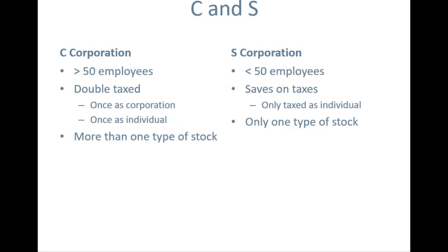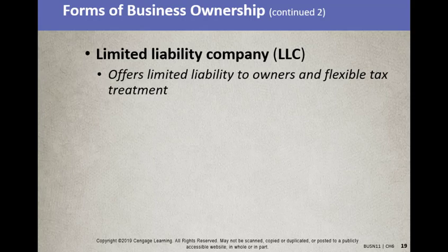It's not taxed on dividends and corporate earnings. And of course, there's only one type of stock. It could be only 1 share, 2 shares, 3 shares of stock. It doesn't have to be in the hundreds of thousands, if not millions, of shares of stock that a C corporation can get into.